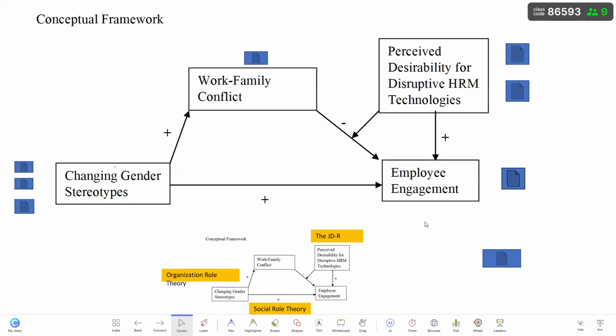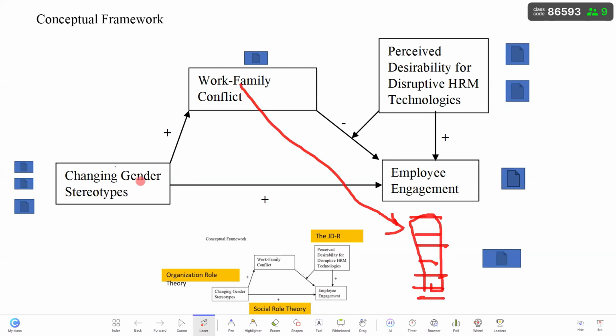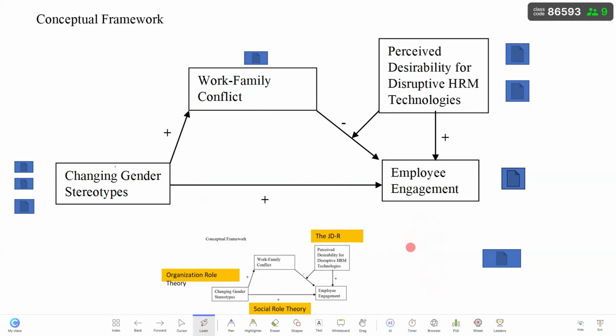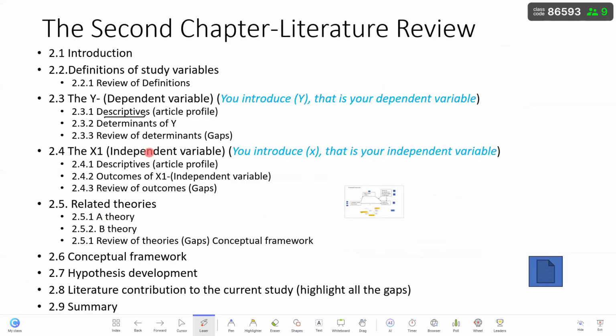All possible determinants need to be listed from the literature. In this list, you can find out whether these variables are available. If neither of these two has been taken in this list, you simply note that there is a gap, because it has not been taken for investigation. That's how you can identify the gaps. Likewise, you can do all these things for all the variables, following the same pattern.